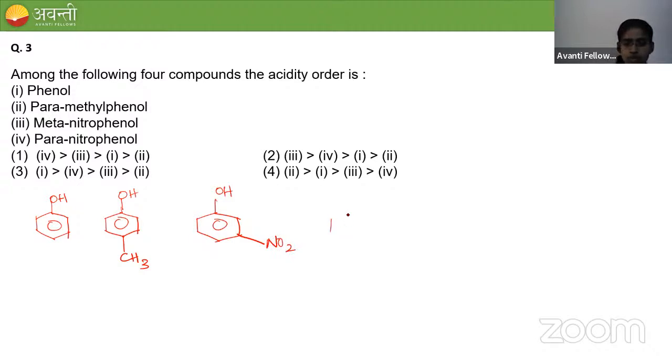And the fourth compound is paranitrophenol. So para means again the opposite position to this OH. To the opposite, you add this nitro group, NO2 group. Okay, this is paranitrophenol. So among these 4 compounds, this is compound number 1, and this is compound number 2, this is compound number 3, and this is compound number 4.